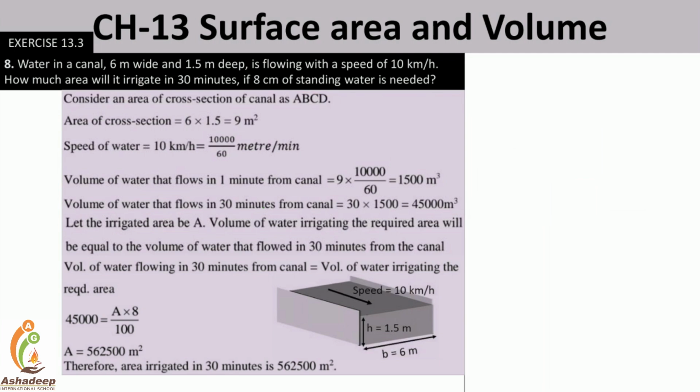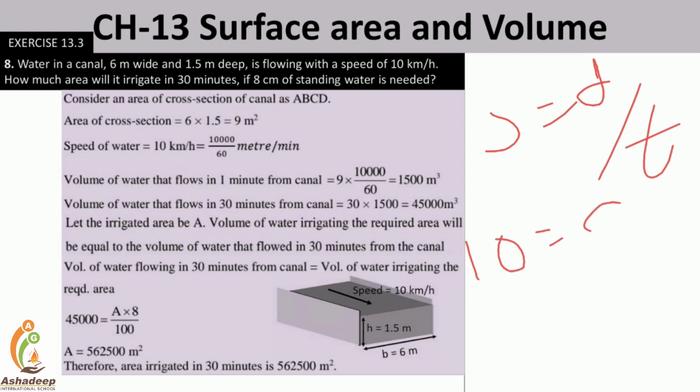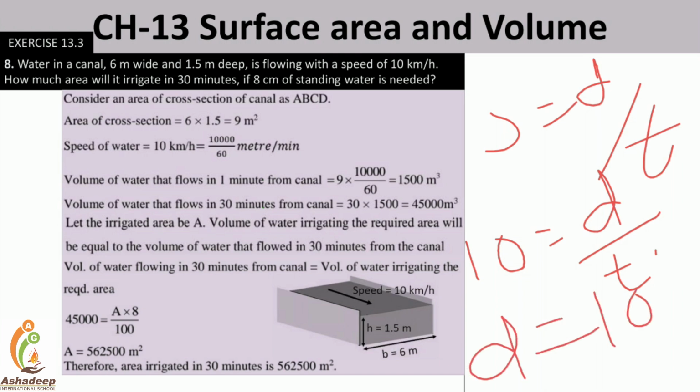Okay, so now this thing is important here. Speed is equal to distance upon time, right? Speed is given as 10 kilometers per hour. So distance we don't know and t we don't know. So distance is equal to 10 into t.